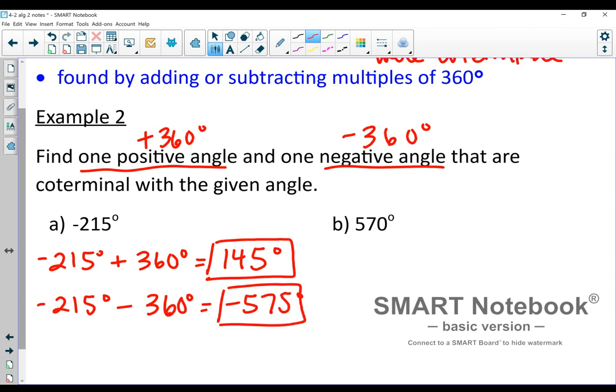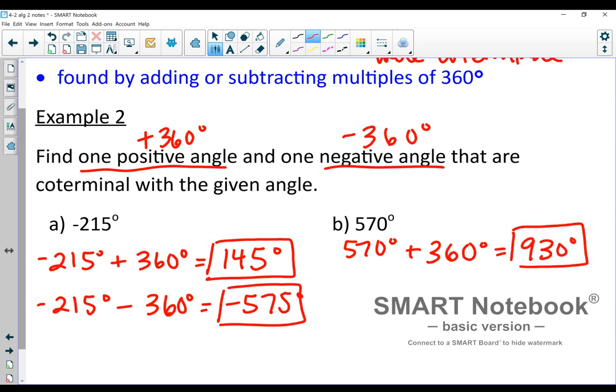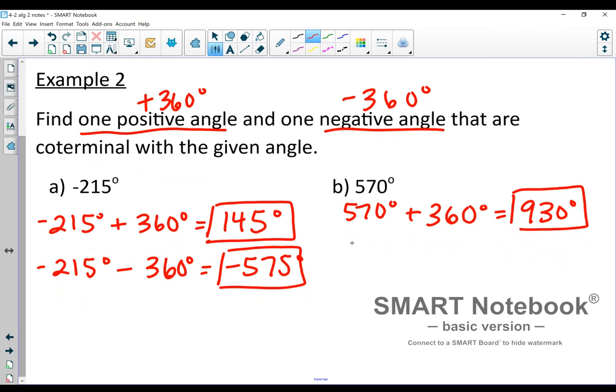On the next one, to find a positive, I could add 360. There's going to be a lot of different answers on this because I could just keep adding 360s and get more answers. So 930 degrees would be one answer. If I wanted a negative coterminal angle, I could take 570 and subtract 360 degrees. But I can tell that when I subtract 360, it's still going to be positive.